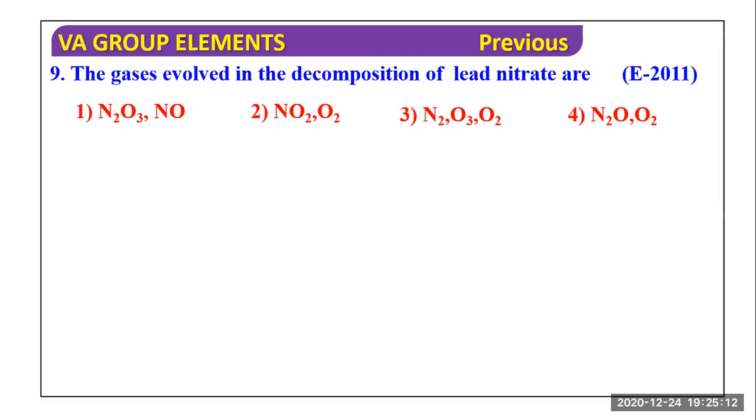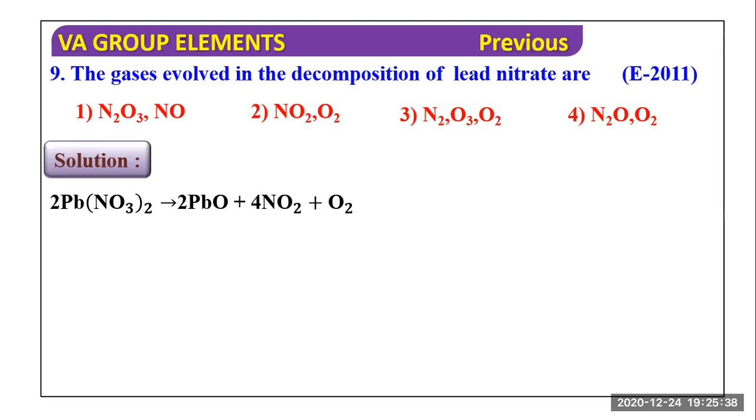This type of question is very tough because this is only information. When lead nitrate decomposes, it forms NO2 plus O2. You already know the decomposition of lead nitrate gives lead oxide, NO2 plus O2. So 2 is the correct answer.